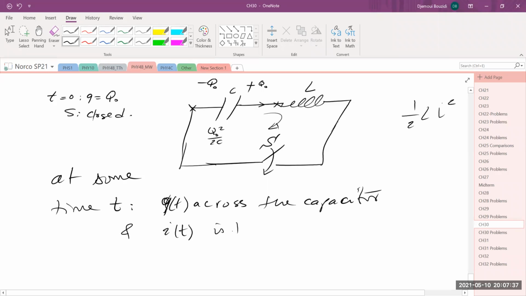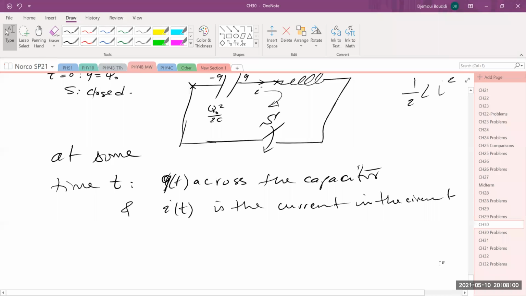I is the current in the circuit. So what I'm saying in here is the rise in potential, which is Q over. So at some point in here, I have Q, and this will become negative Q, and there is a current I. So that's the point in here. So this is the initial condition. It changes with time, of course.